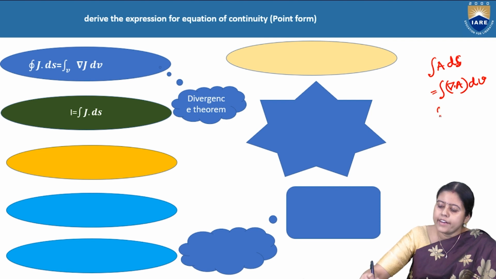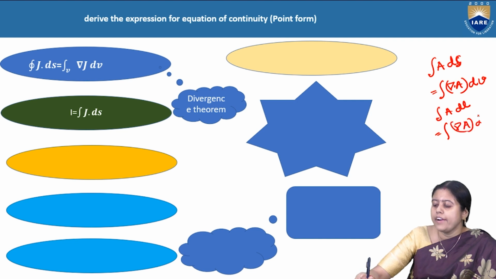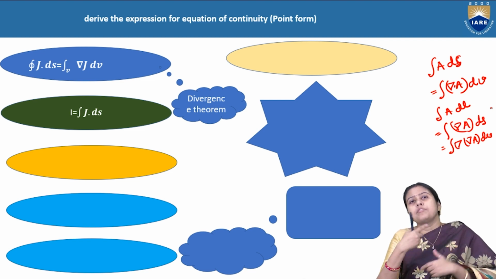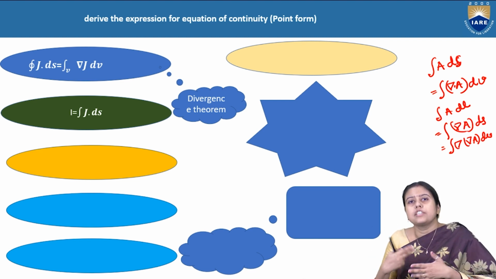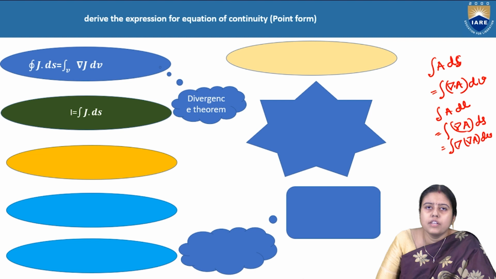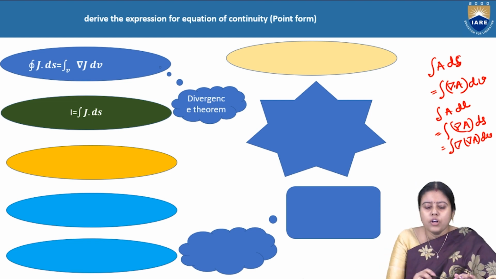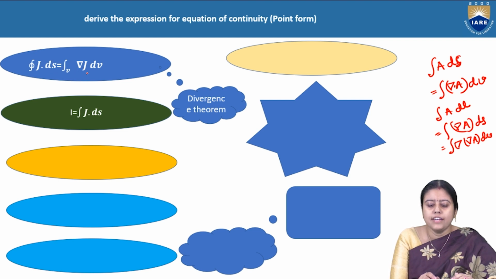If we have the line integral of A dot dl, it will be the integral of grad dot A ds. So we can change the level of integration, from single to double to triple integration, by using the divergence theorem. So the integral of J dot ds is equal to the integral of grad dot J dv.